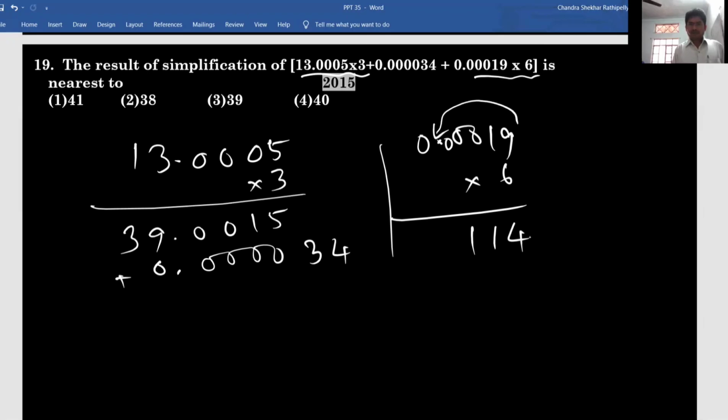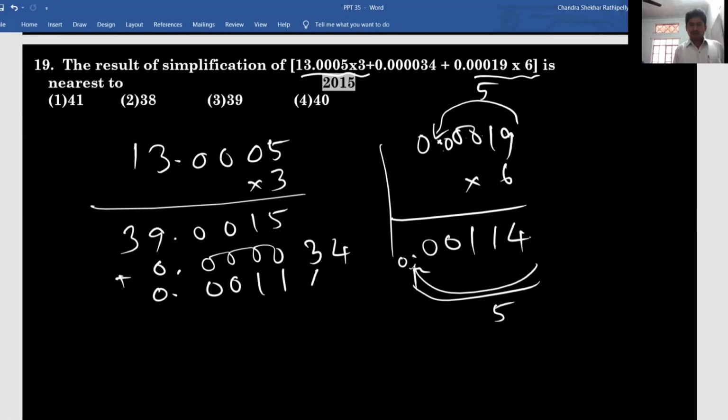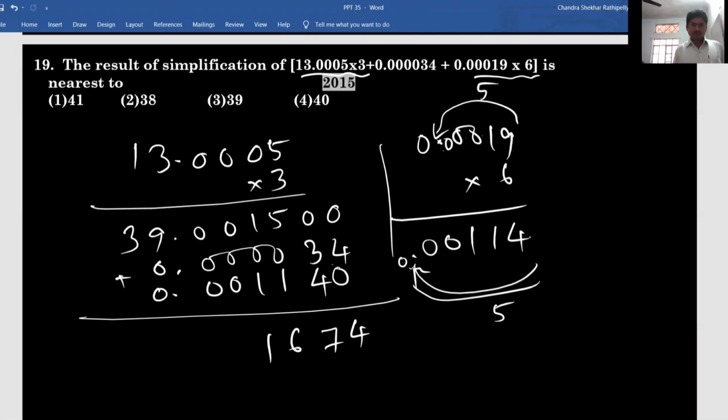We have to keep this many decimal places: 1, 2, 3, 4, 5. So 5 decimal places. 0.2. We have to add this to 114. Now we have to add all of these: 4, 7, 6, 1, 0, 0, 9, 3, 39. So option 3.